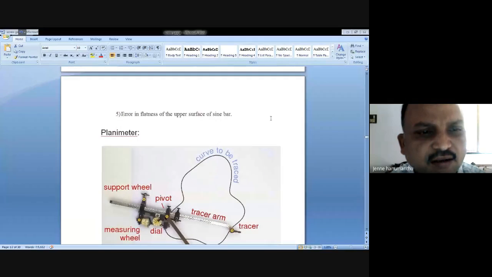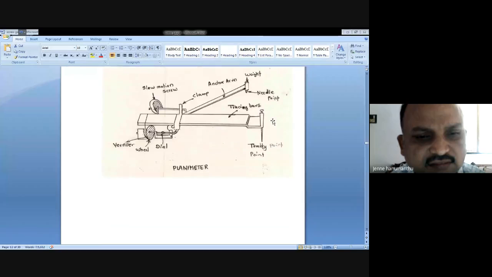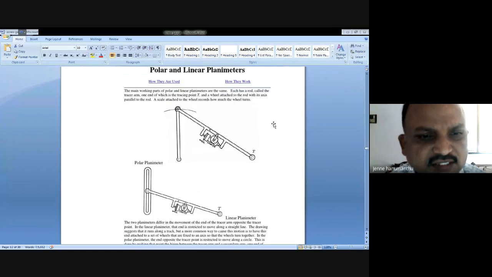Planimeter is the instrument for measuring the area of the unknown.